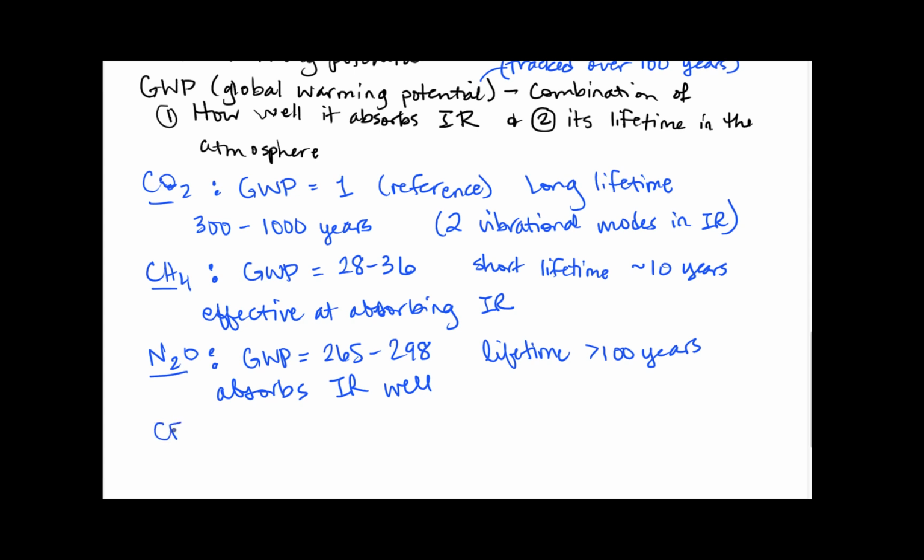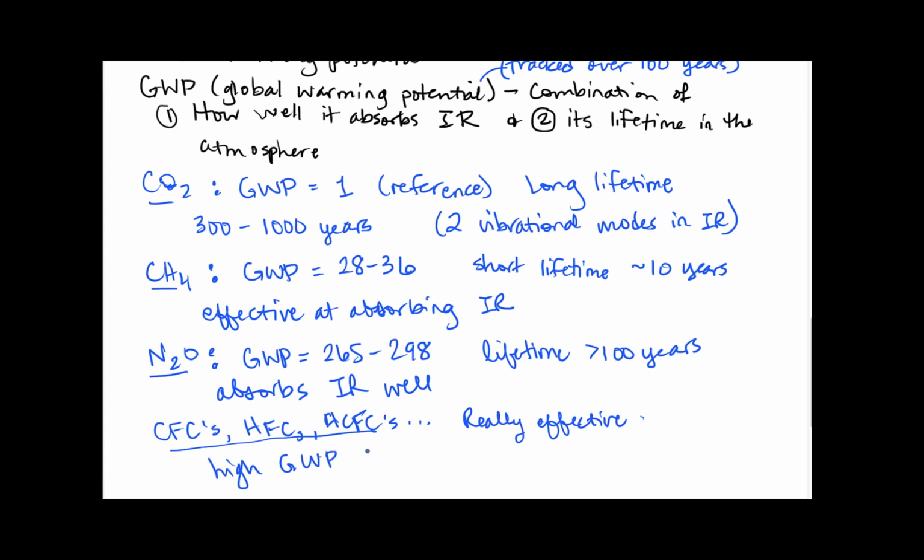Now, all of those CFCs and all of the related compounds, HFCs, HCFCs, etc., these are all really good greenhouse gases. I mean, really effective greenhouse gases. They have a high global warming potential.